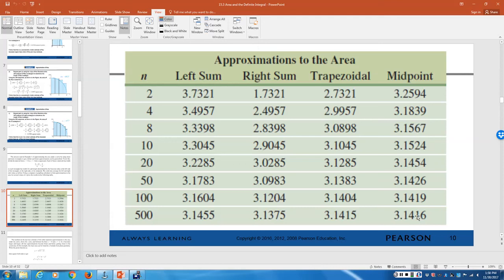But that's a lot of rectangles, and we get tired of saying base times height 100 times and doing the arithmetic 100 times.